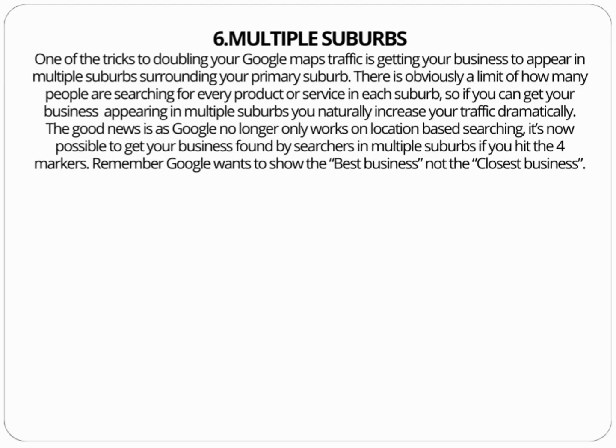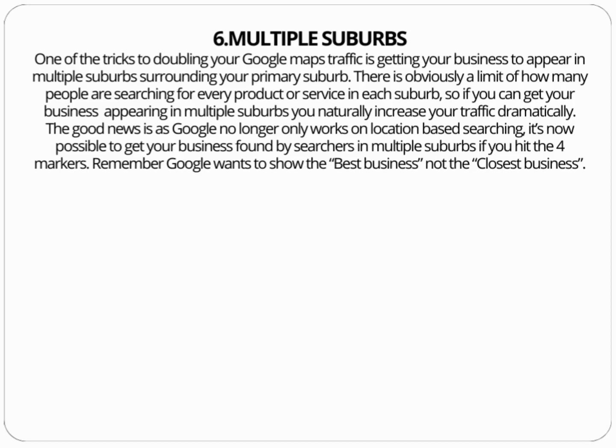The next point is multiple servers. Multiple servers is one of the best ways of actually doubling your Google Map trafficking. It's nothing but the more your business is available in different suburbs or different locations, the more it appears in front of the customer or user. So the more people visit your website or your local SEO, the more trafficking you get.